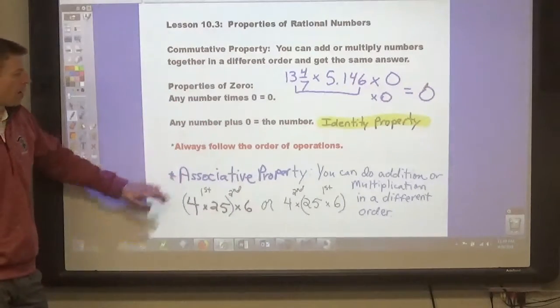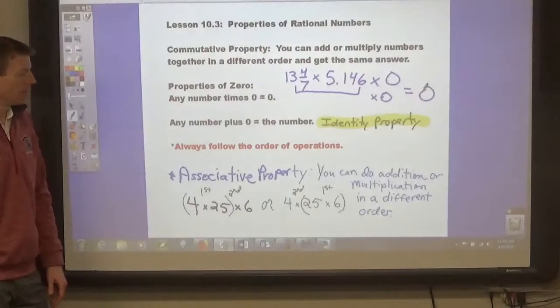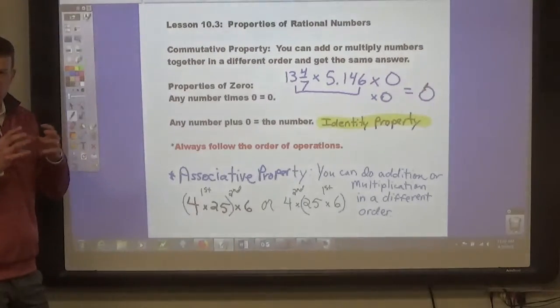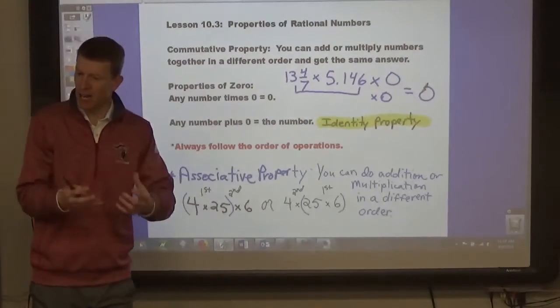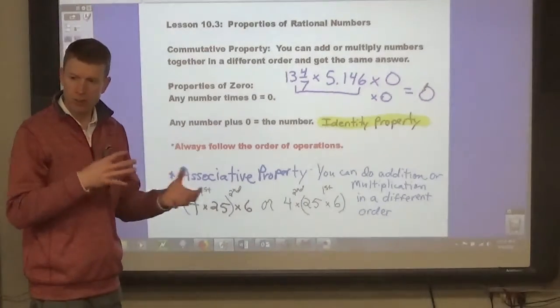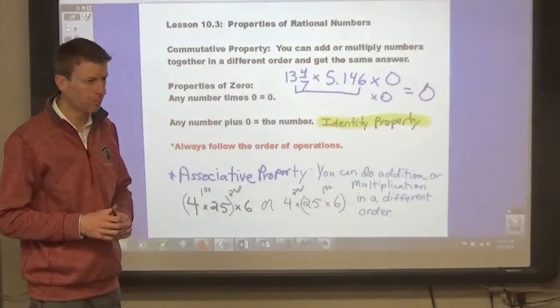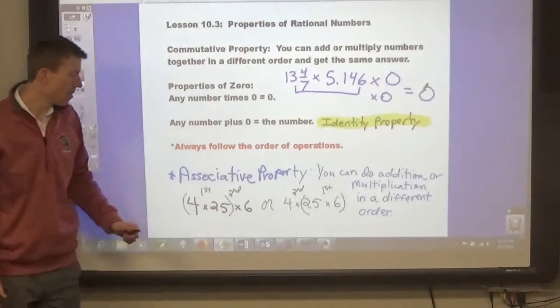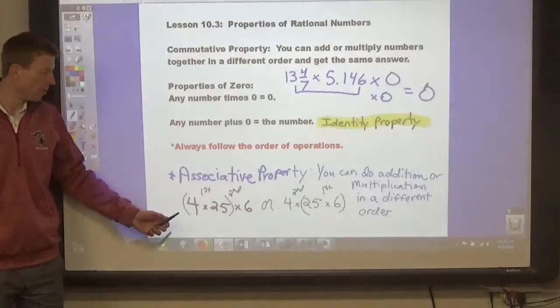The associative property can help you, again, find answers and put numbers together to make a 10, make a power of 10, so that you can add it or you can multiply it more easily. We did this before with whole numbers.